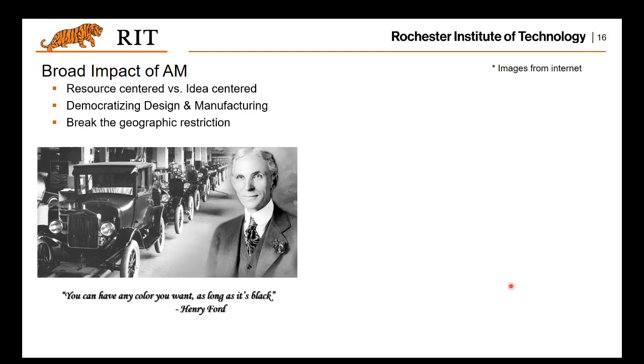Of course, maybe Henry Ford just didn't want to provide cars with other colors, but it also suggests the difficulty to customize, even just the color, right? In assembly line production, every step is preset and it's quite rigid.